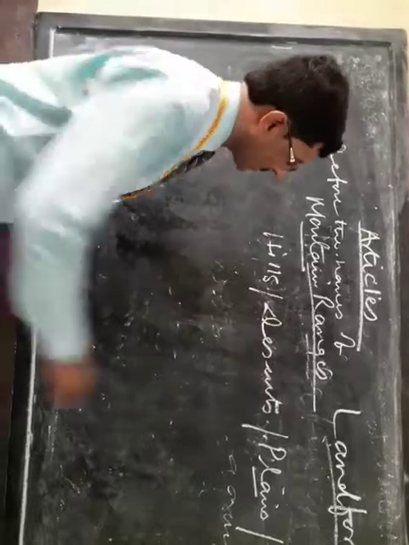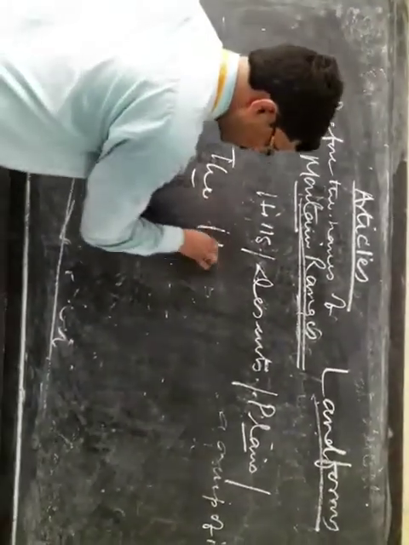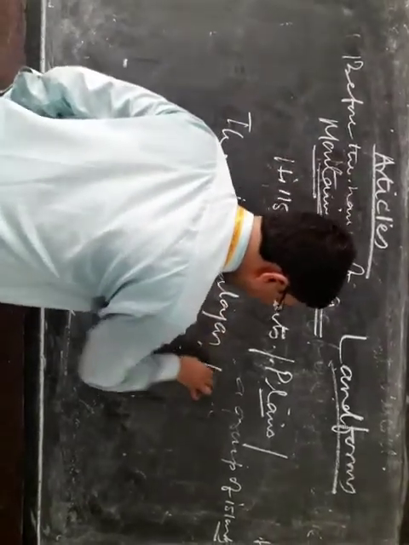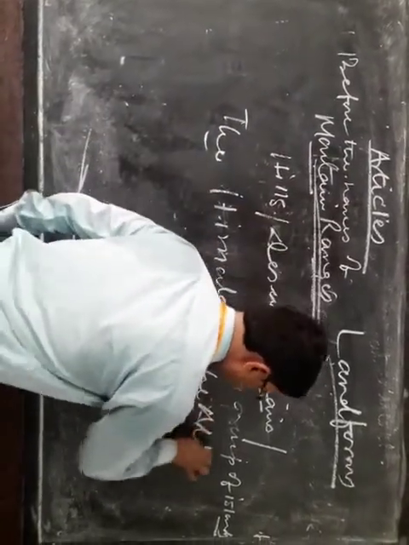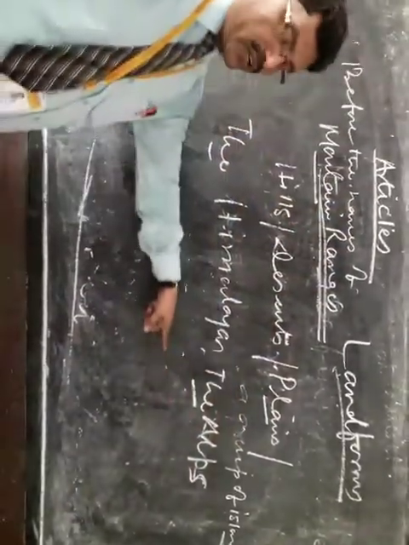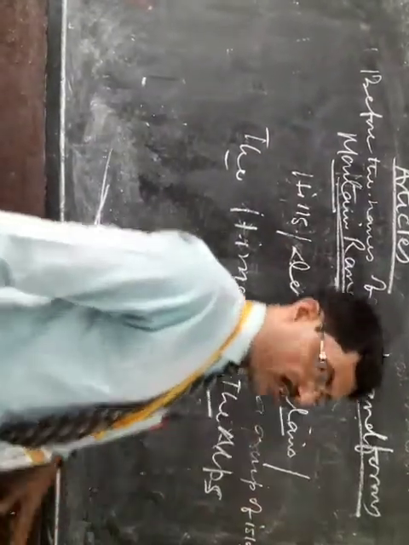I am talking about mountain ranges, ranges of mountains, not a single mountain. Like the Himalayas. We use the Himalayas, the Alps in Europe, because the Alps is not a single mountain. It's a range of mountains, a chain of mountains.